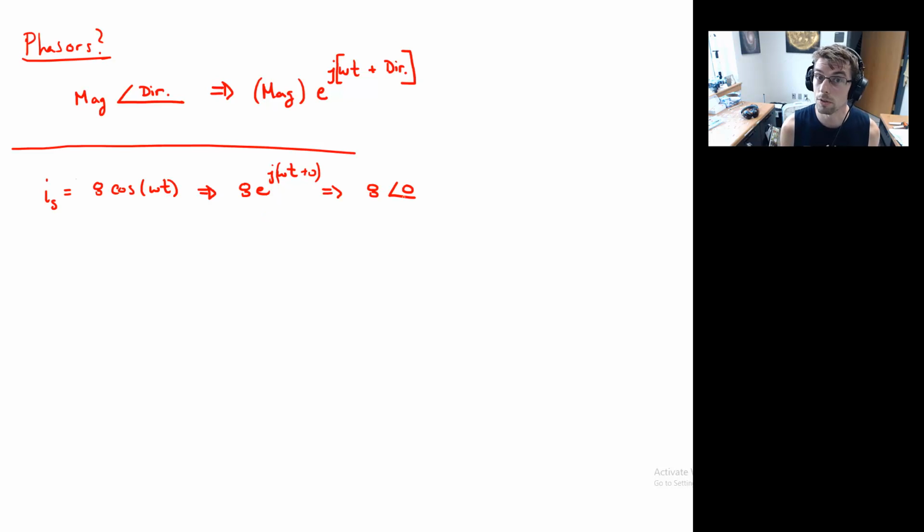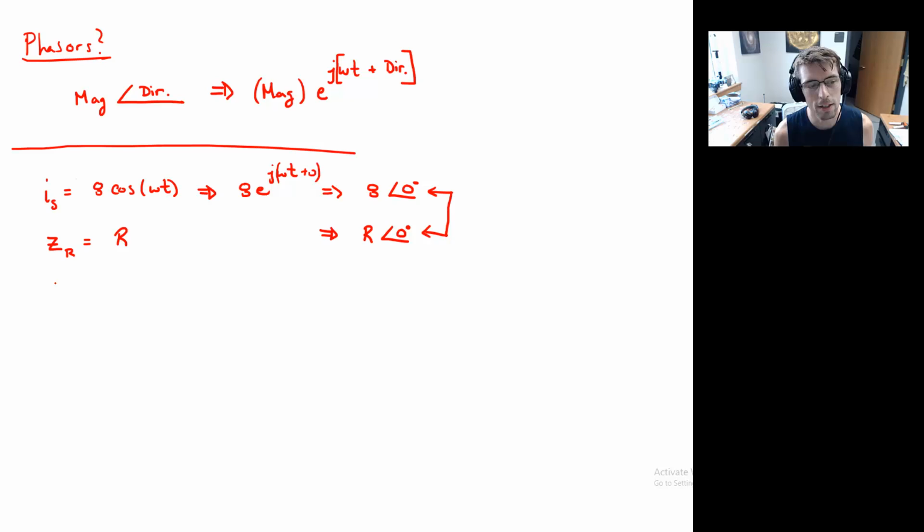So 8, 0 degrees. Well, let's go ahead and write down the phasor relationships for our resistor. Remember that our impedance is written as R, and that means there's no imaginary piece. There's only strictly a real piece. And so what I could write this as is the magnitude of R times 0 again. And this is what we mean by the resistor is always in phase.